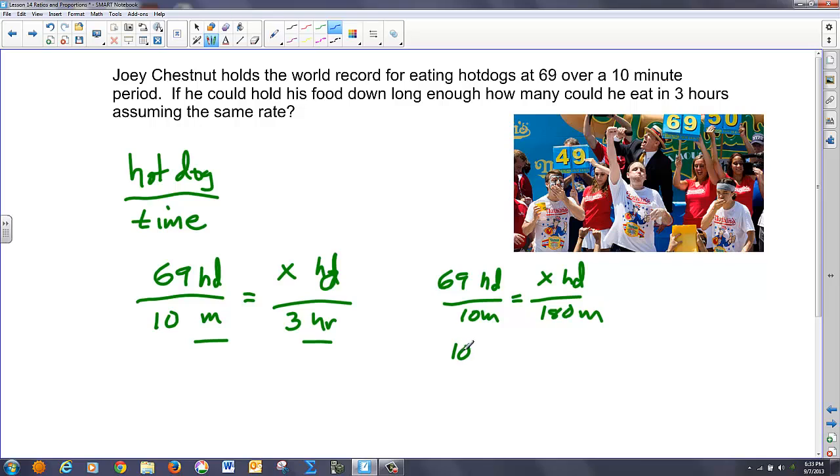Now we'll do our cross product. So I've got 10x equaling 69 times 180. If I multiply 69 times 180, I end up with 12,420.